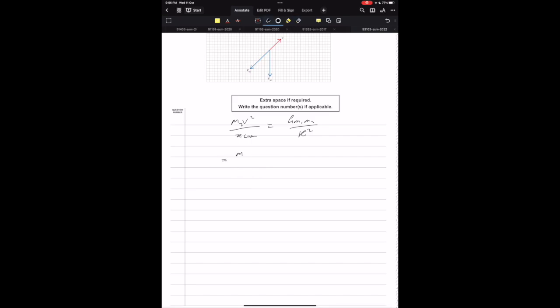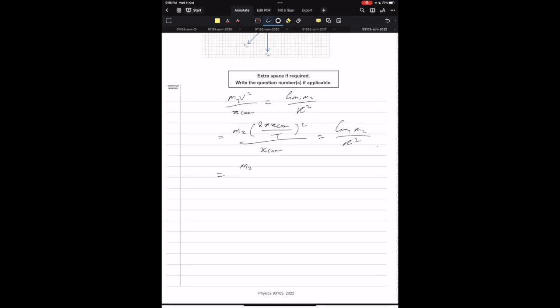So we get M2, and then we get 2 pi x_com divided by T all squared, and then x_com, or not squared, sorry. And then G M1 M2 divided by R squared.